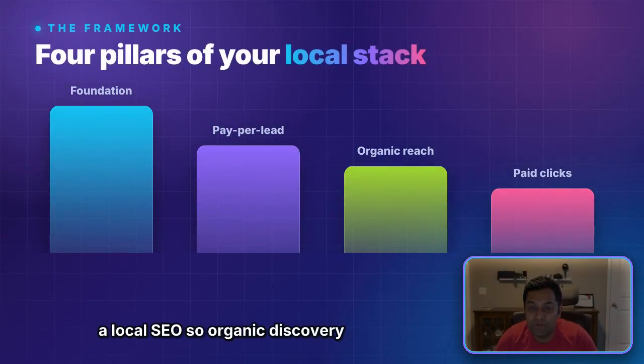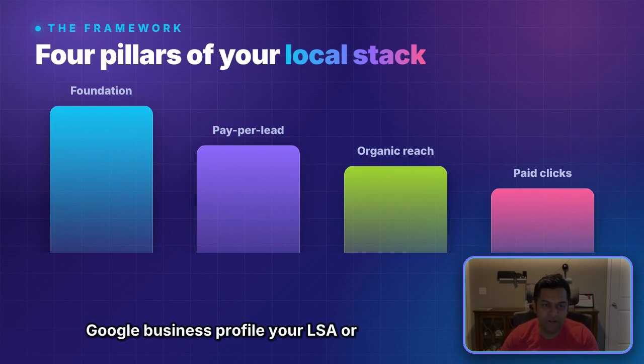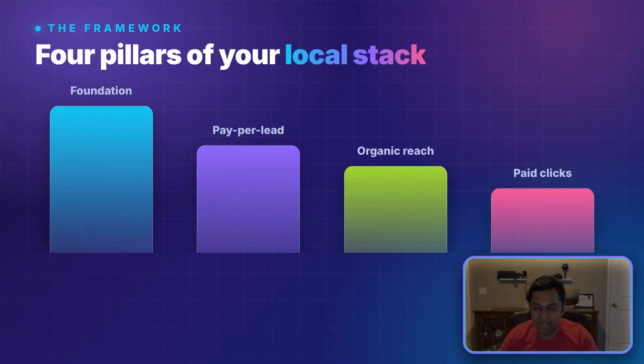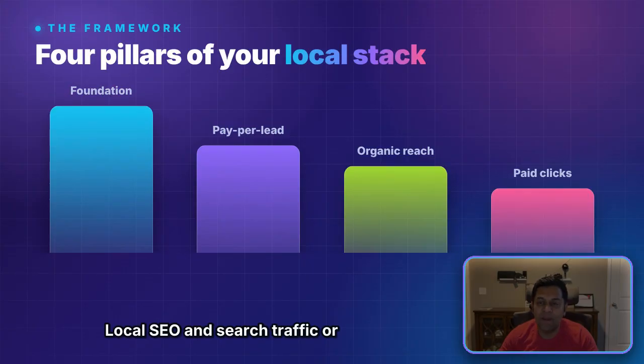You need to have local SEO, so organic discovery is also great, and it complements well. It can also fit with other marketing tools like search ads, and obviously local service ads is another area, right? So there are four pillars of your marketing stack: Google Business Profile, your LSA, local SEO, and search ads.